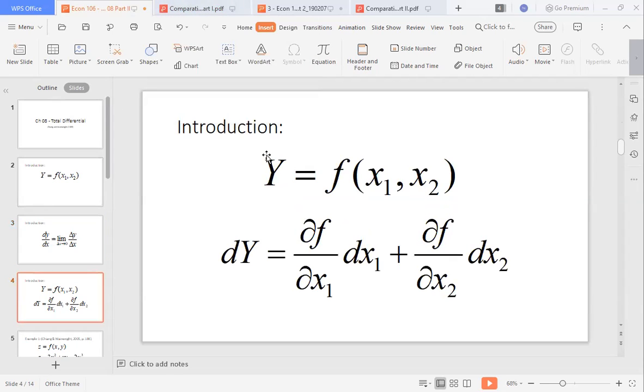Now, going back to our function here, y is a function of x sub 1, x sub 2. Getting the total differential of this function would mean that you first need to get the partial derivative with respect to x sub 1 multiplied by the change of x sub 1, plus the partial derivative with respect to x sub 2 times the change in x sub 2.